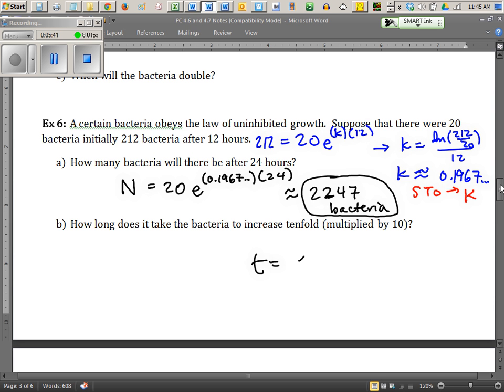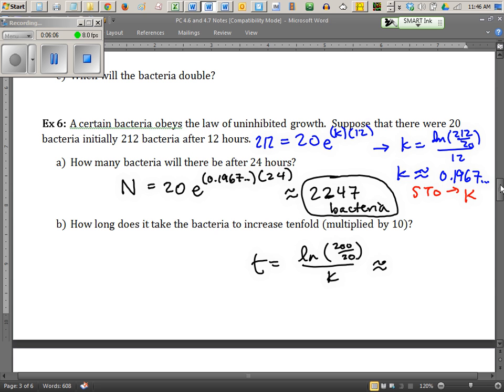Watch. ln, starting amount, over, actually, final amount over starting amount, all over k. And since my calculator's already memorized k, this will give me my tenfold time.